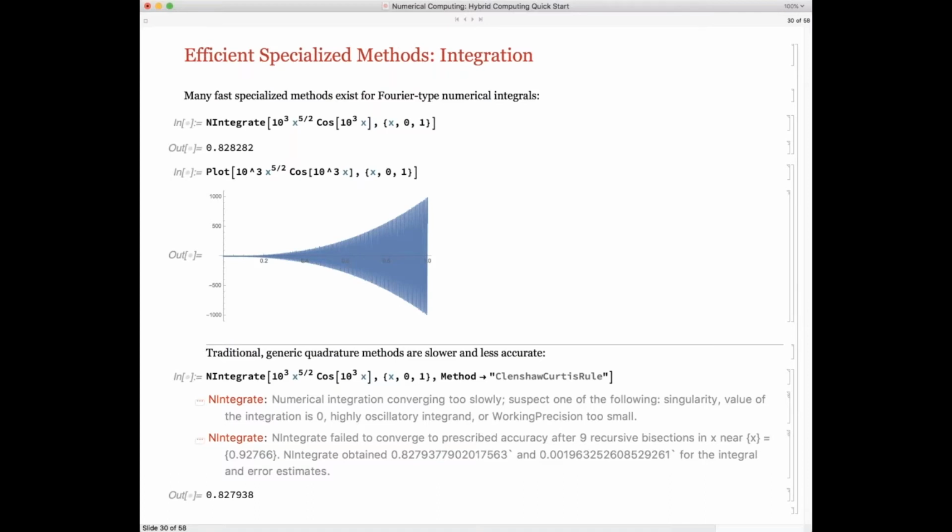This means getting slower and less accurate results, and we can simulate this by manually choosing a general purpose algorithm instead of allowing NIntegrate to detect the specific nature of the integration. Mathematica gives you a warning about the slowness of the method.